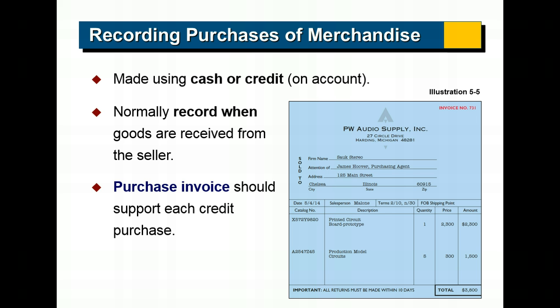When you're using cash or you're using credit, we record the transaction when we receive the goods from the seller. When title passes, know that for this next chapter. When are goods shown in inventory? Some of the questions are like when they're in your warehouse, when you paid for them.